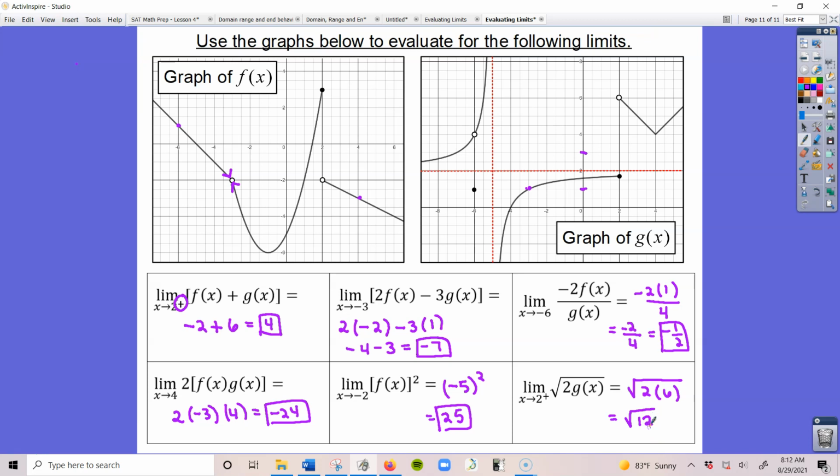Which, if you wanted to, we can simplify this, right? 12 is when you multiply 4 and 3, and 4 can be broken down to 2 and 2. There's my pair, the 3 would stay inside, so this would be 2 square root of 3. However, any answer will be acceptable. And that's evaluating limits.